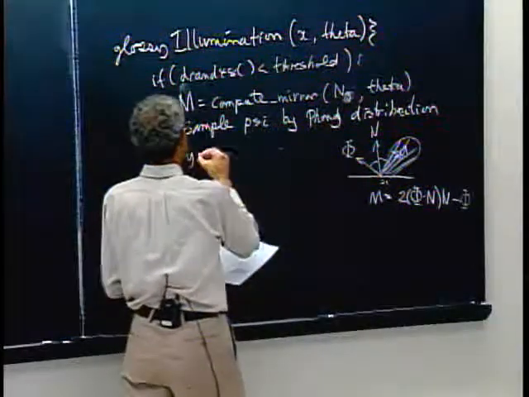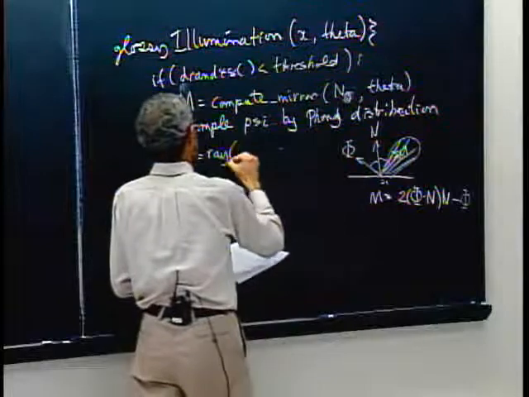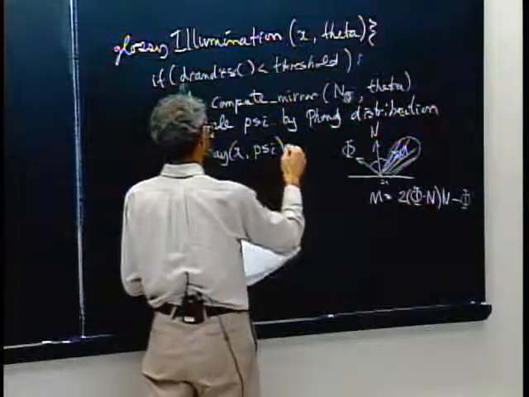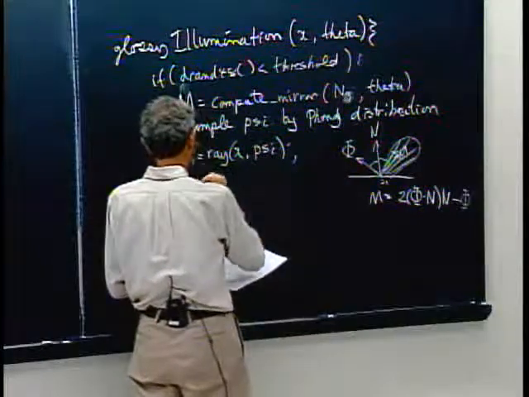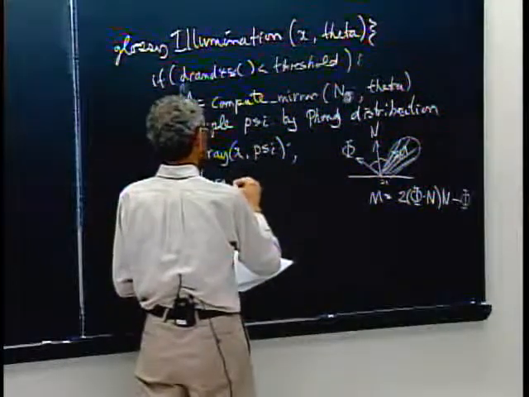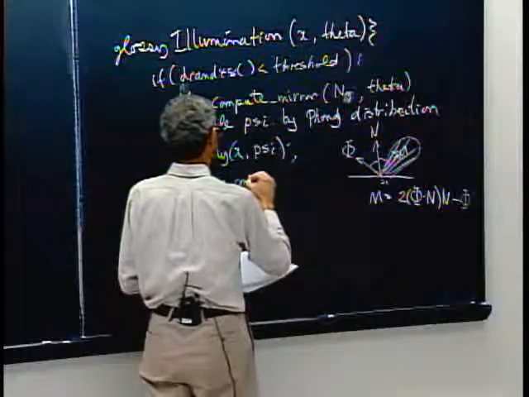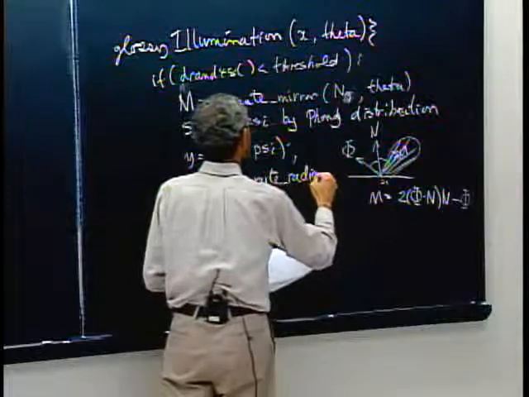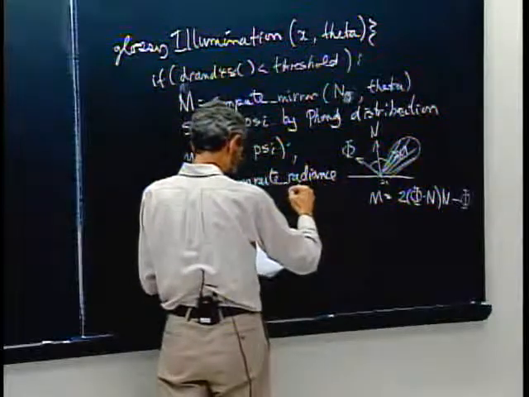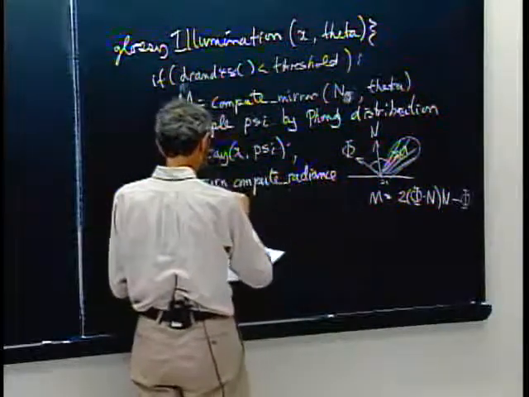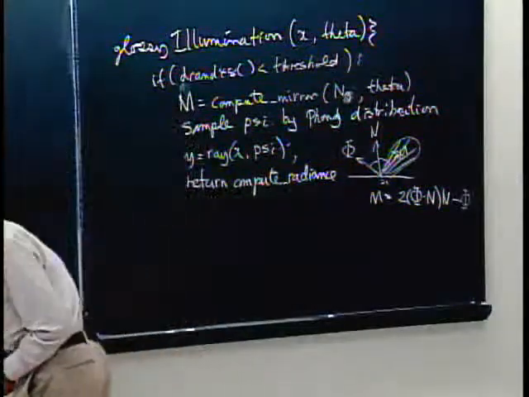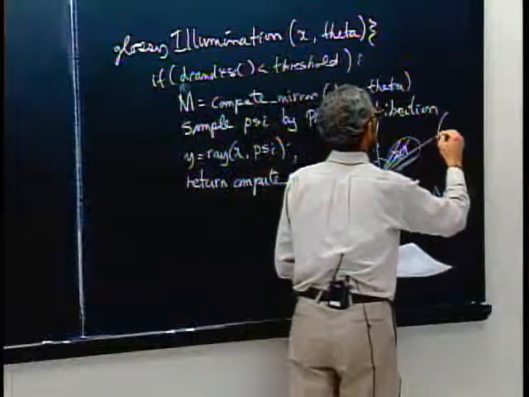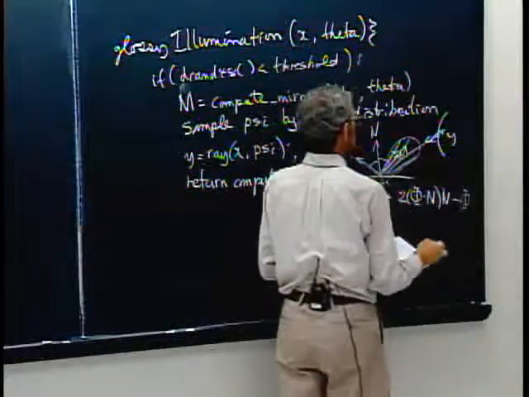So you trace a ray starting from x in the direction psi, and then you return compute radiance. So anyway, you hit another surface, and here's y, and it's going in direction minus psi.